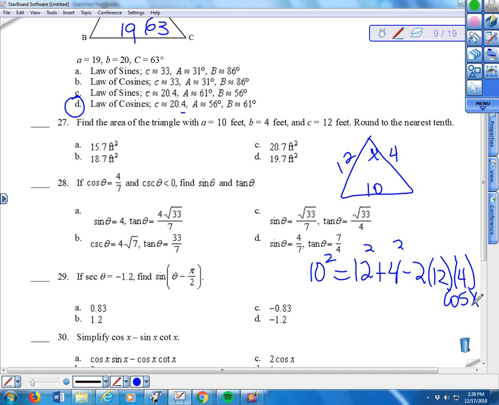So I take 100 and I subtract 144 and subtract 16. I get negative 60. 12 times 4 times 2. Then I take negative 60, divide it by negative 96. Take the inverse cosine of that number.